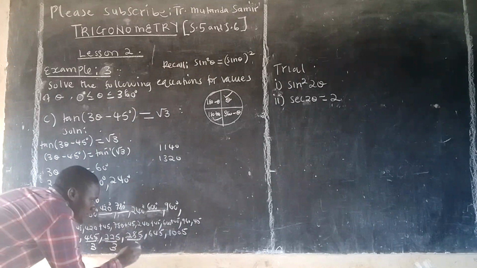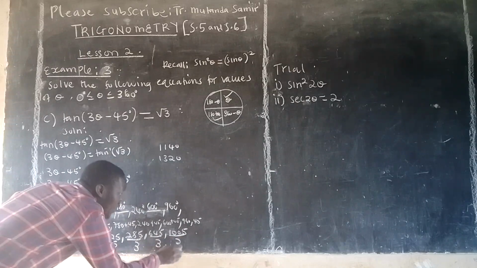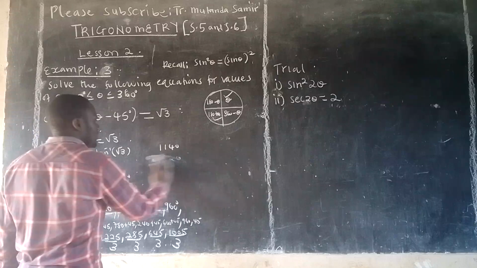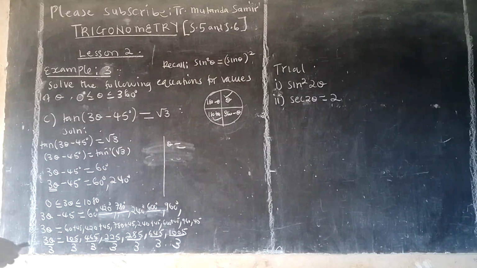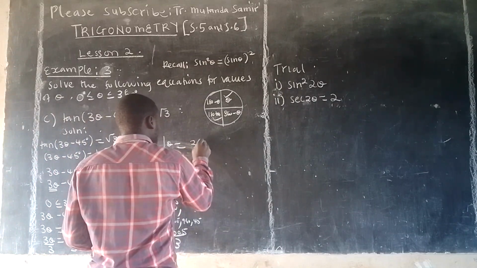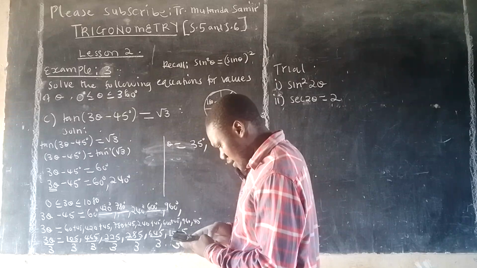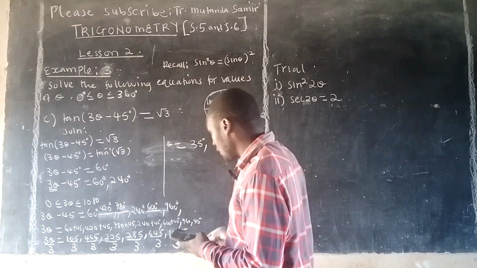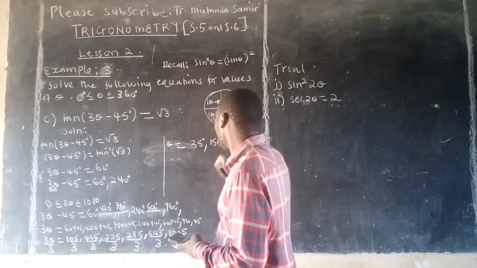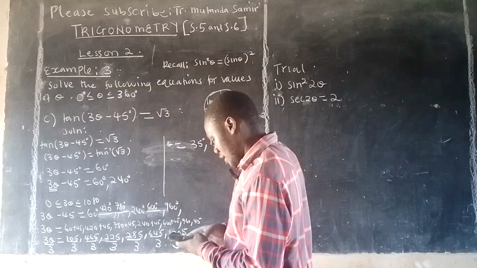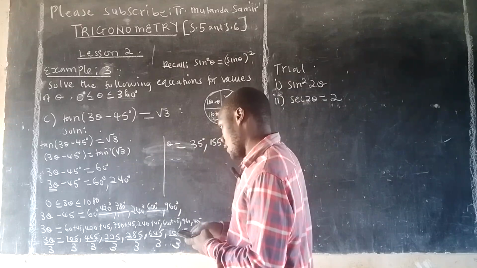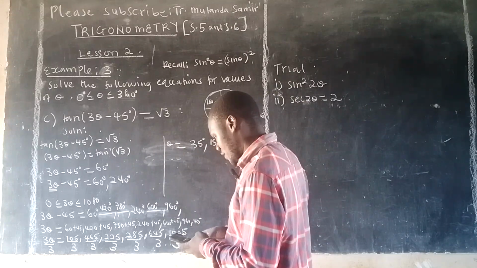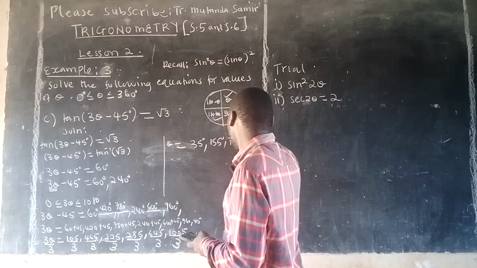Now to remove the 3, you divide each by 3. So now theta will be equal to, the final answer will be 105 divided by 3, that is 35 degrees. 465 divided by 3 is 155. 225 divided by 3 will give us 75. 285 divided by 3 will give us 95.